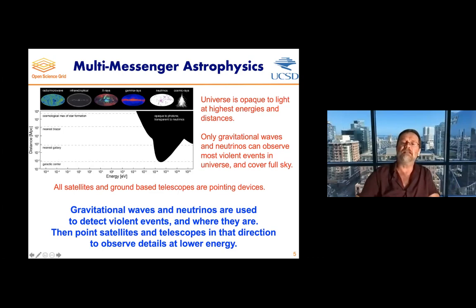And then they will send a signal to the telescopes and satellites that humanity operates and say, look there. And then these telescopes and satellites get to decide whether they want to, because it's interesting, because they want to participate in this kind of science. And I will show you examples where this has actually happened, and therefore groundbreaking new observations have been made.